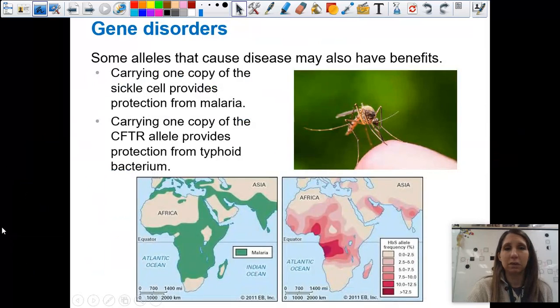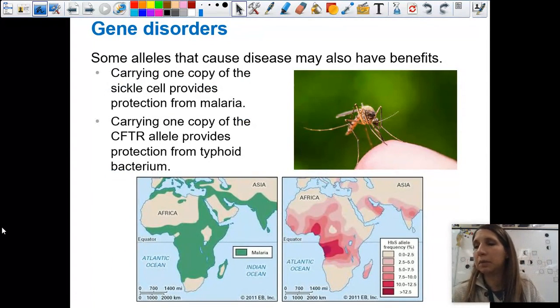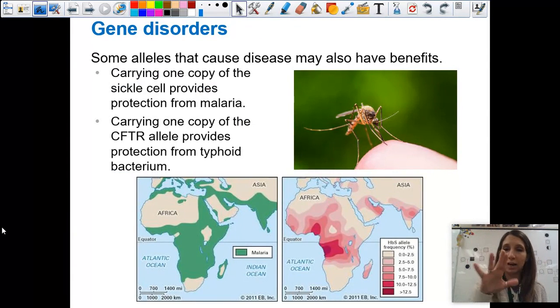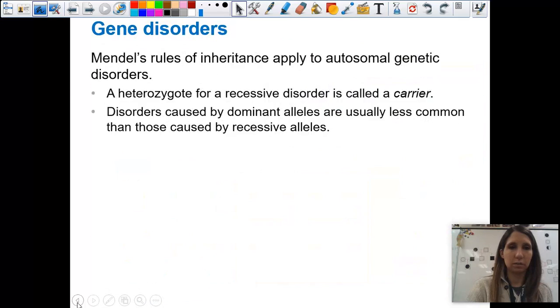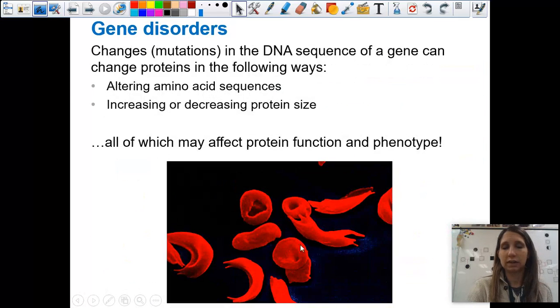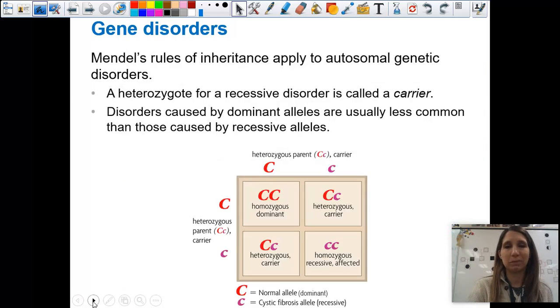So the very last thing I want to talk about was a really cool interaction here between the environment and also genotype. All right. So sickle cell anemia, I mentioned earlier, it is what happens here to create red blood cells that look misshapen like that.